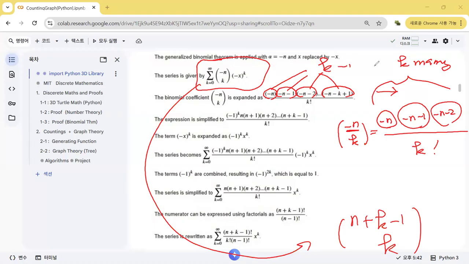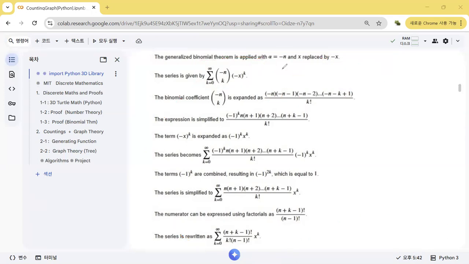So the denominator is k factorial. Then let's replace this one by minus 1 times n. What is it? This one is also minus 1 times n plus 1. So minus n minus 1 is minus 1 times n plus 1.